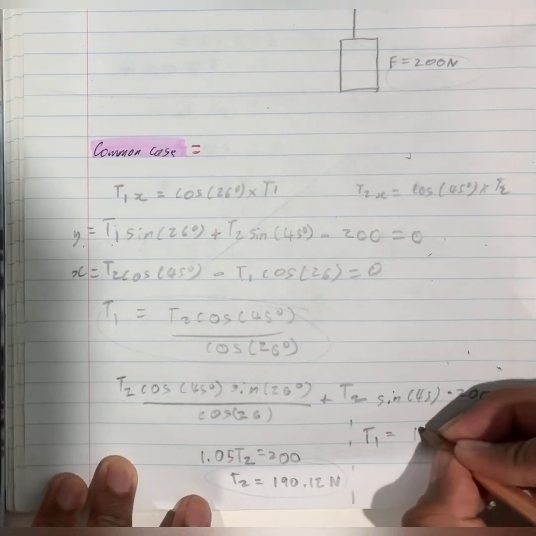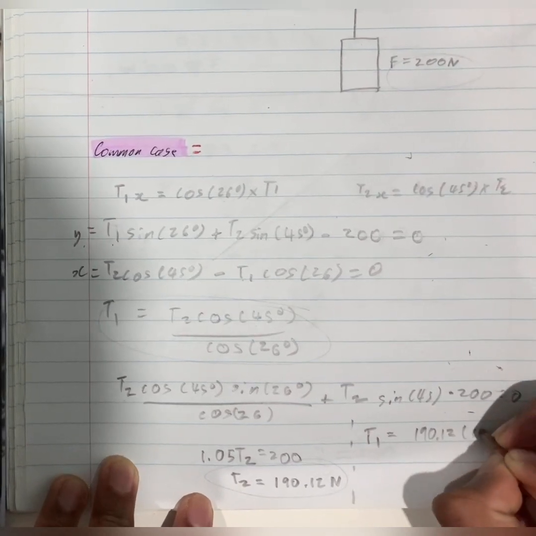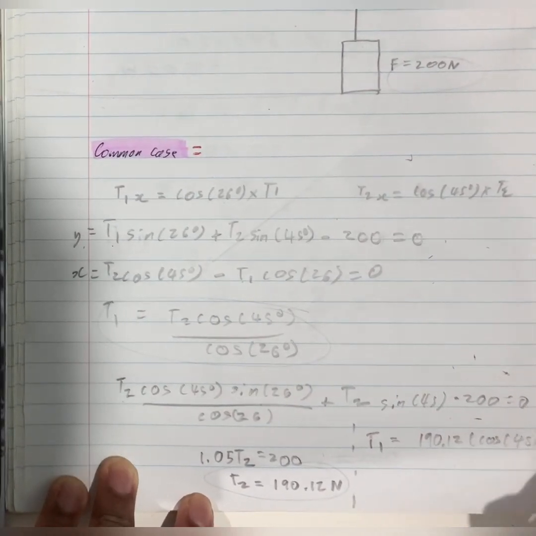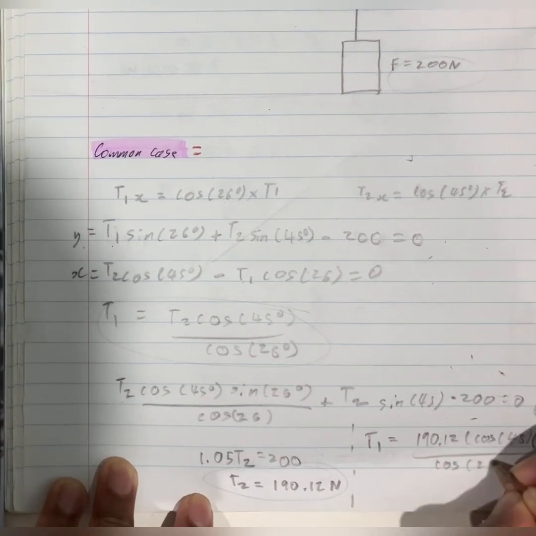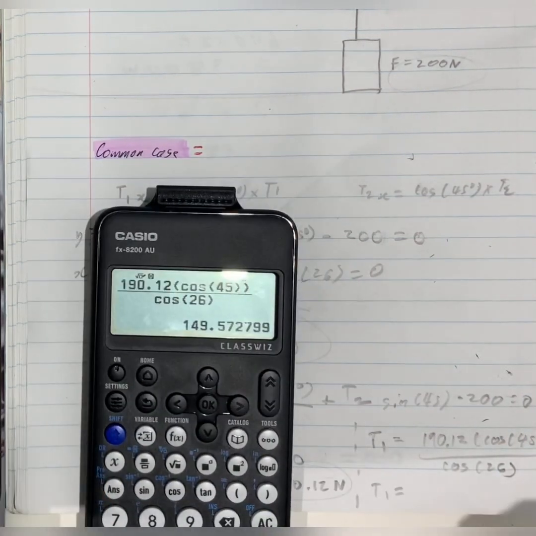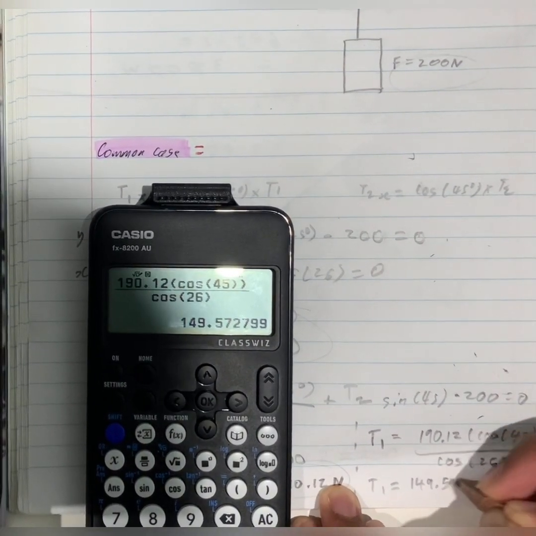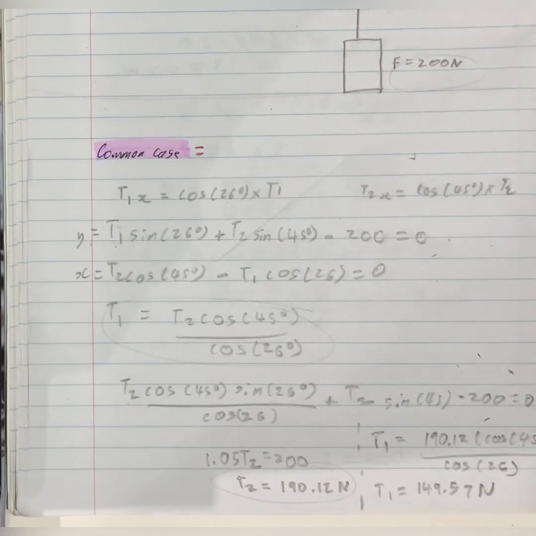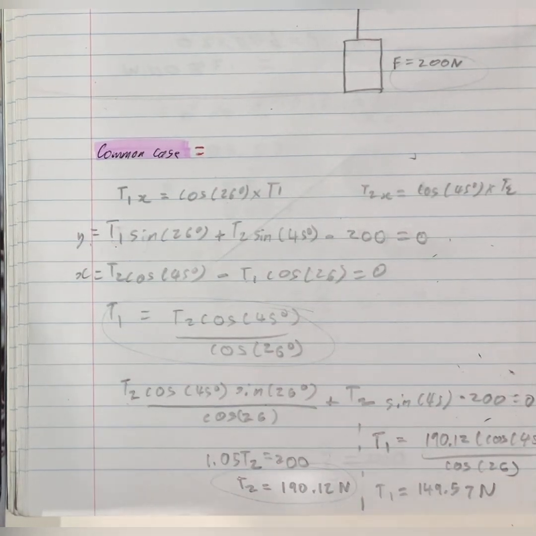So it would just be 190.12 multiplied by cos 45 divided by cos 26, which would give us a T1 value of, let me just type this quickly into my calculator, cos 45, cos 26, okay, 149.57 newtons. So that's that approach for the very easy common case that is usually seen with these tension problems.